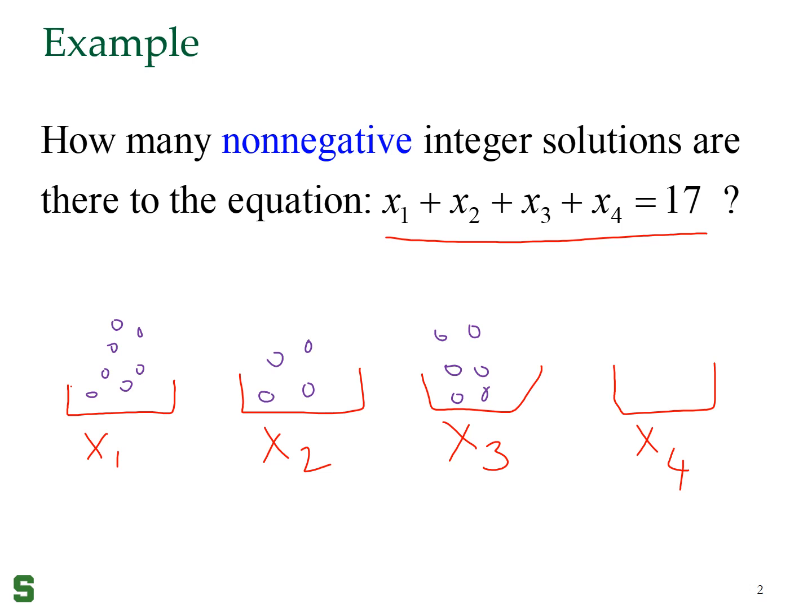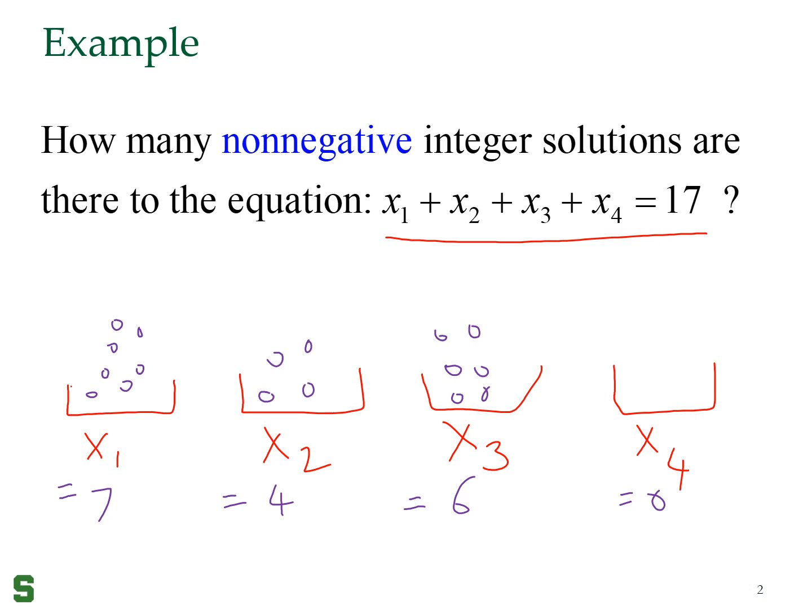So that means I have chosen x1 to be 7, I have chosen x2 to be 4, I have chosen x3 to be 6, and I have chosen x4 to be 0. So this is one of the solutions that I have for this equation.